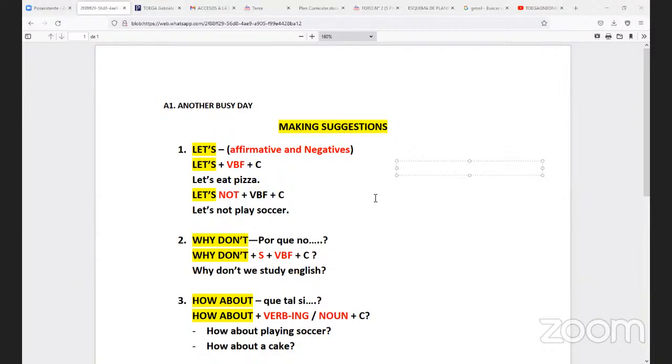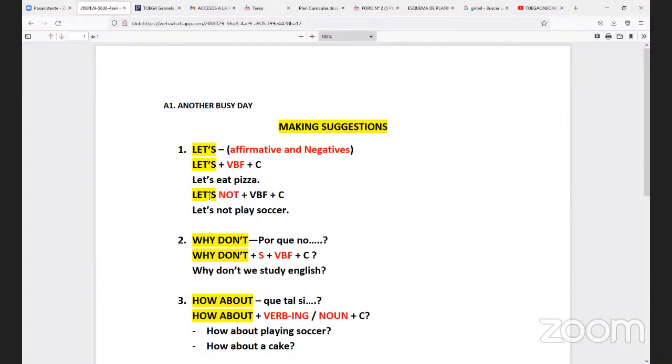So the structure is let's plus the verb in base form and the complement. For example, if we are in a group of people and we don't know what to do now, I can say, let's eat pizza. This is a positive or affirmative suggestion. To make the negative, we just add not after let's.